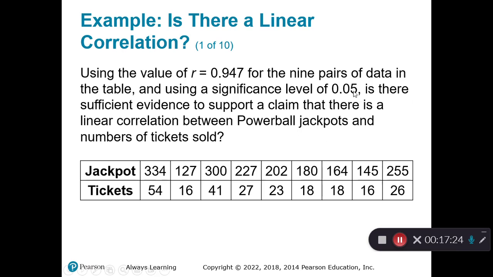Now, there's a way for us to test whether we have evidence of linear correlation or not, because it's not a gray area as to some people saying they have enough evidence, others saying not so much. So we're all going to use the same standard to decide if we have evidence that there is a linear trend, and we're going to be using a significance level of 0.05.